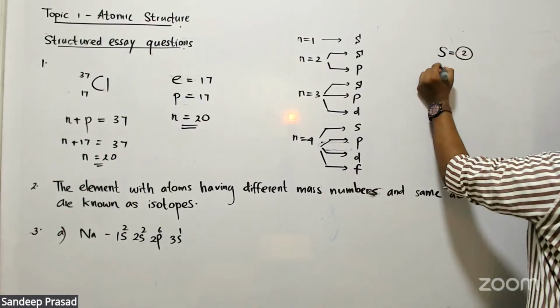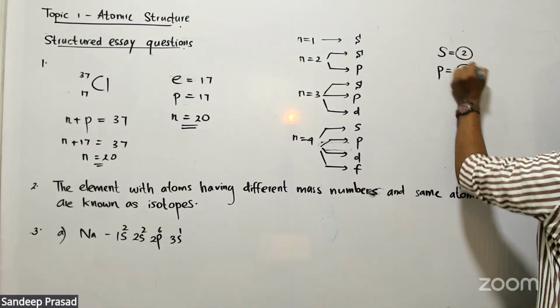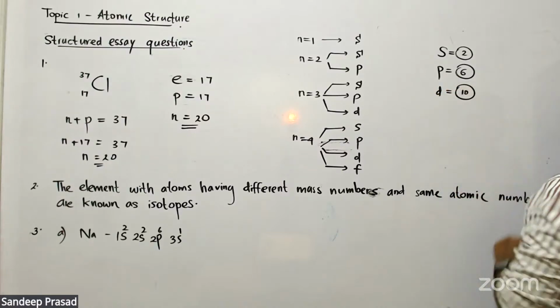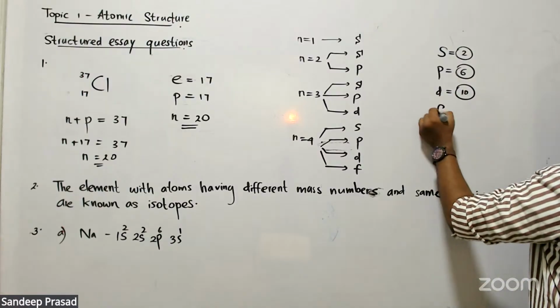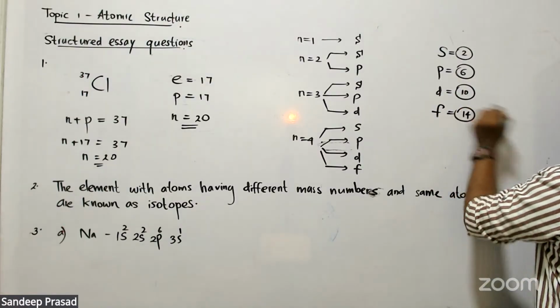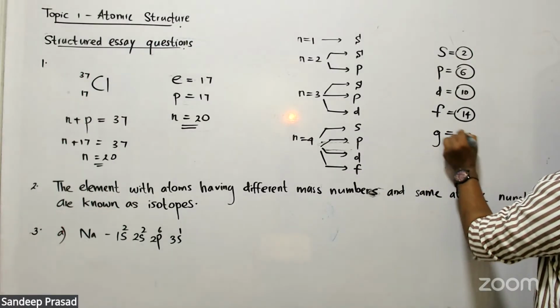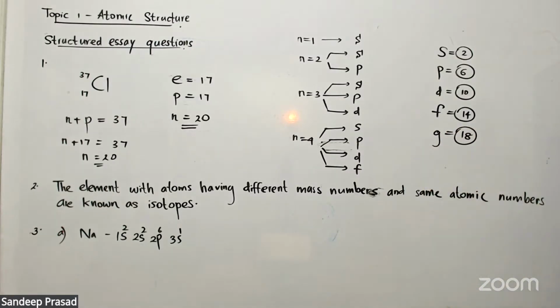P sub-energy level can contain maximum 6 electrons. D sub-energy level can contain maximum 10 electrons. F sub-energy level can contain maximum 14 electrons. The next one is G sub-energy level can contain maximum 18 electrons. I didn't mention this one here. Understood?